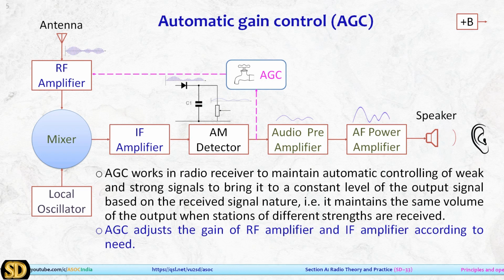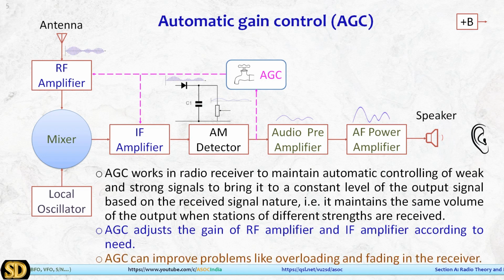So this signal goes to the RF amplifier and in the same way also goes to the IF amplifier so that, as per requirement, they can increase or decrease the amplifier gain. Result, we will get a stabilized output. This AGC can improve problems like overloading and fading in the receiver. This is a very important stage in a radio receiver.